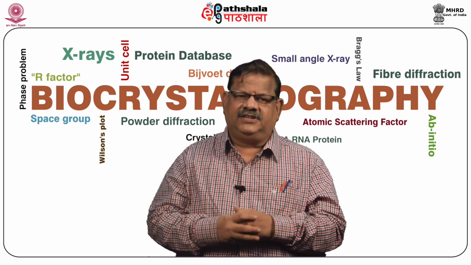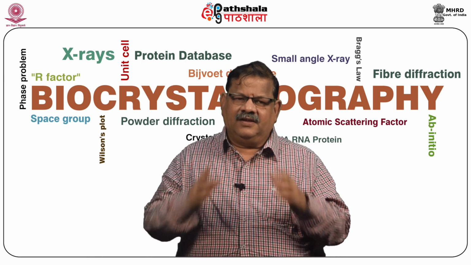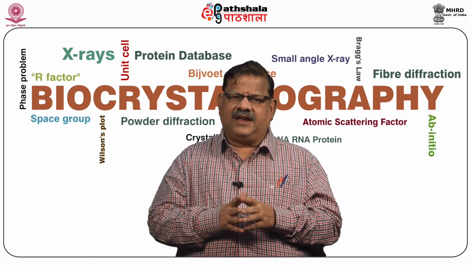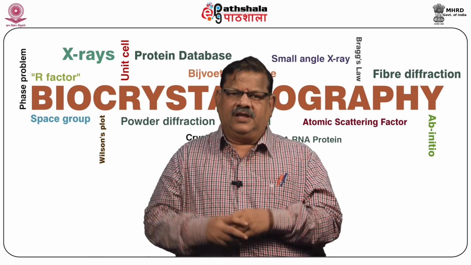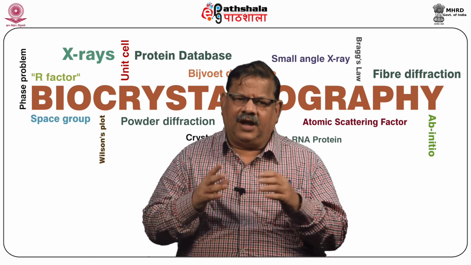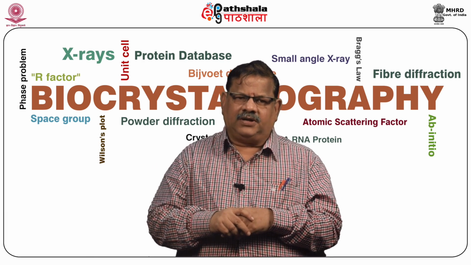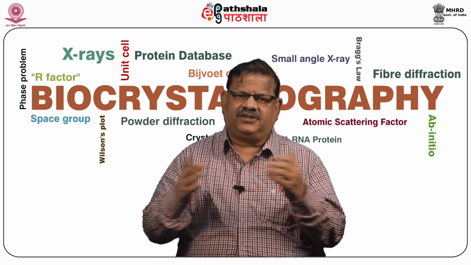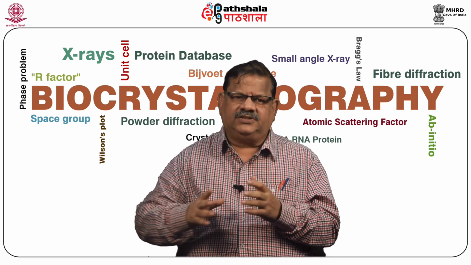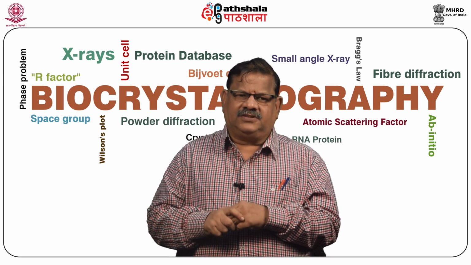If the electron density map is calculated with the structure amplitudes and phase angles based on the heavy atom contribution, the map would reveal peaks not only at the heavy atom positions but also peaks of smaller strengths corresponding to positions of light atoms, and this process can be repeated.